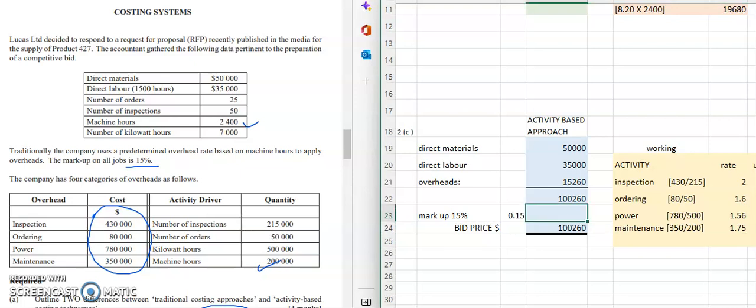So let's apply that 15%. And so the cost of the job under the activity approach is 115,299. So the traditional method gave you a different answer, but don't worry about that.